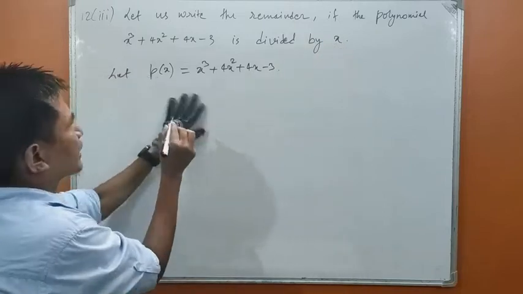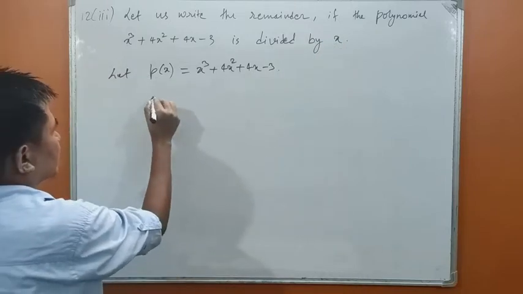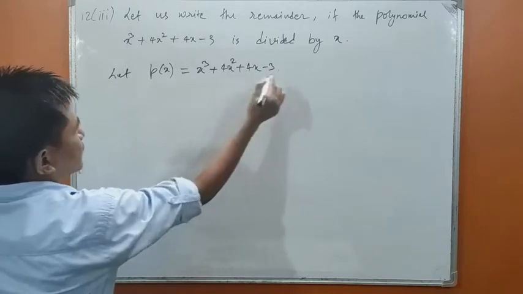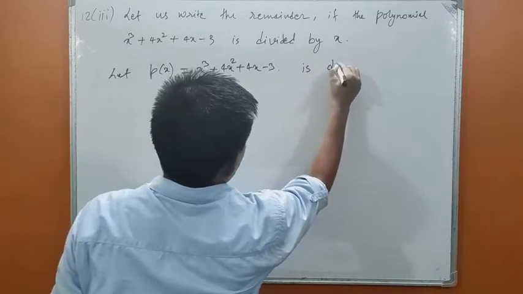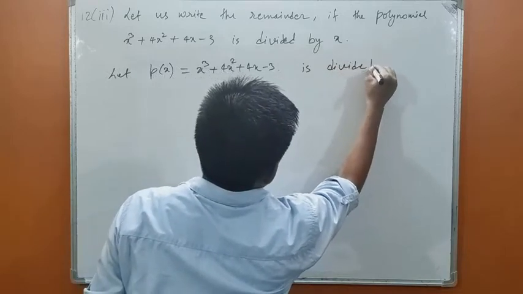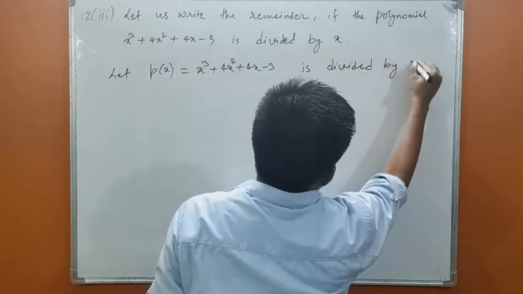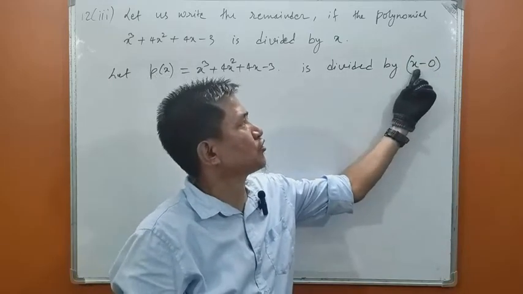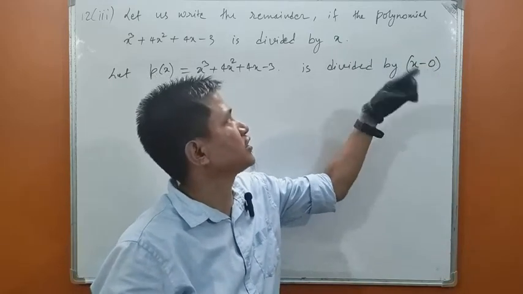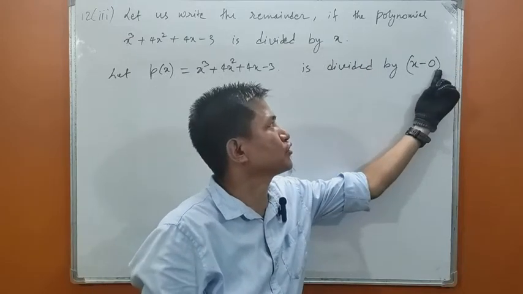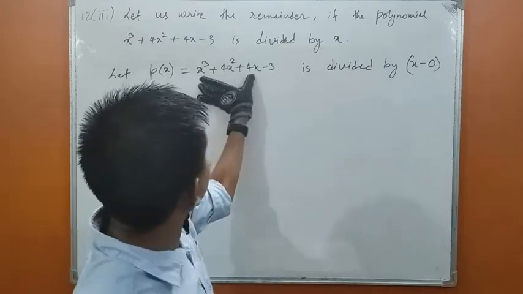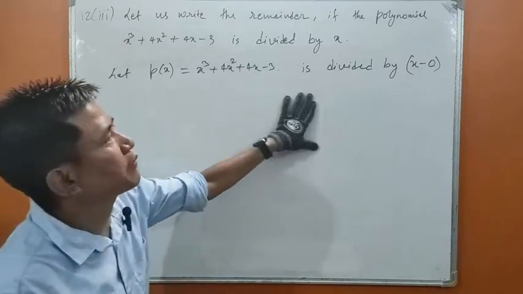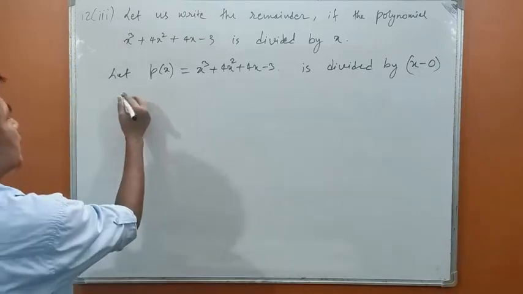So we can say this is divided by x minus 0, isn't it? X minus 0 is x, so the value does not change. X can be written as x minus 0. So when this polynomial is divided by x minus 0, according to remainder theorem, remainder will be f of 0, isn't it?